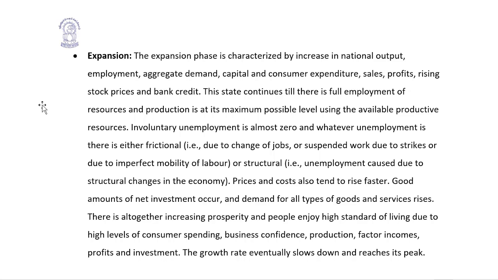The expansion phase is characterized by an increase in the national output, that is increase in the GDP, gross domestic product, increase in employment, increase in aggregate demand, increase in capital, increase in consumer expenditure, sales, profits, rising stock prices, and bank credits.